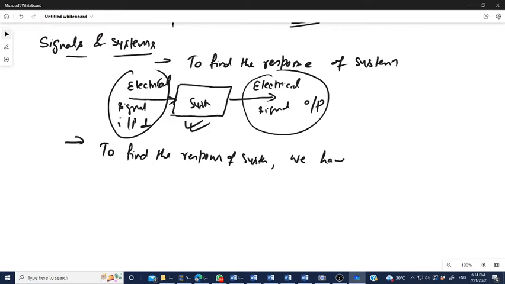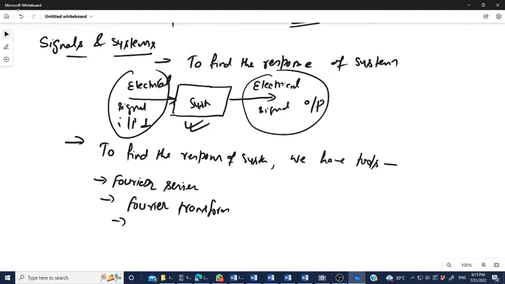The mathematical tools that come under the category of signals and systems are the Fourier series, very important, then the Fourier transform, then the Laplace transform, and then the Z transform.